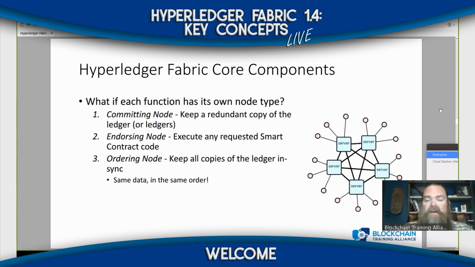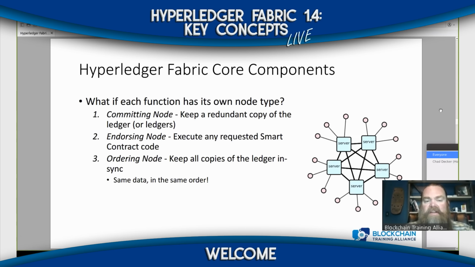So we said the first thing that every node on a blockchain network does is it keeps a redundant copy of the ledger. And in the Hyperledger world, the nodes that do this for us are called our committing nodes. The only thing a committing node does is it keeps a redundant copy of the ledger. It's just there for redundancy. We said the second thing that a node does on a blockchain network is it executes any smart contract code.